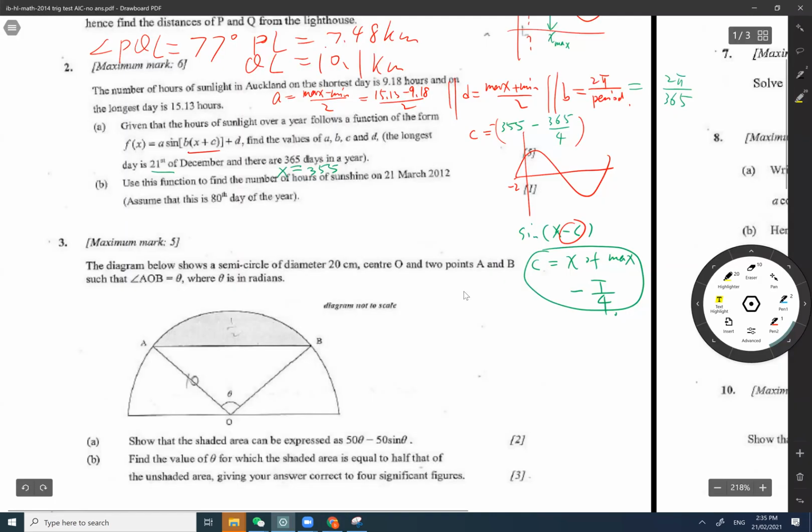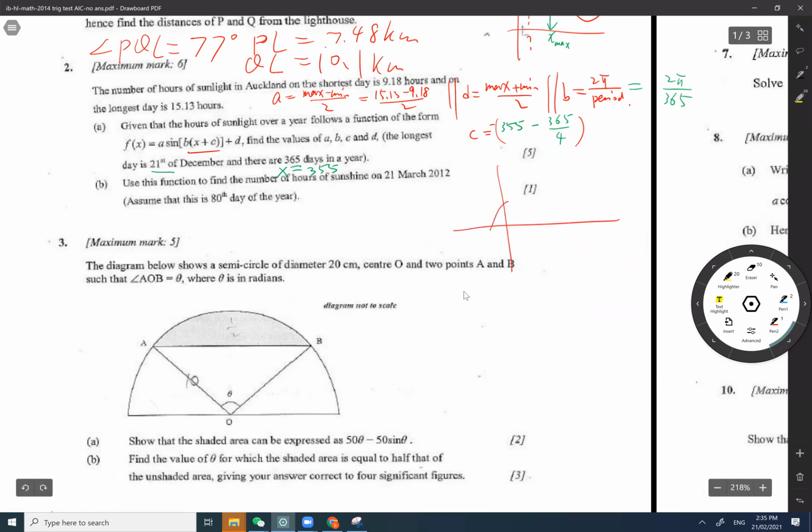Then it depends on whether c is positive or negative. Right. For example, because you can choose so many points, because this is a sine curve, it's repeating. For example, like here, if this is negative 3, then for this sine graph, you can write sine (x plus 3) or sine (x minus 21).